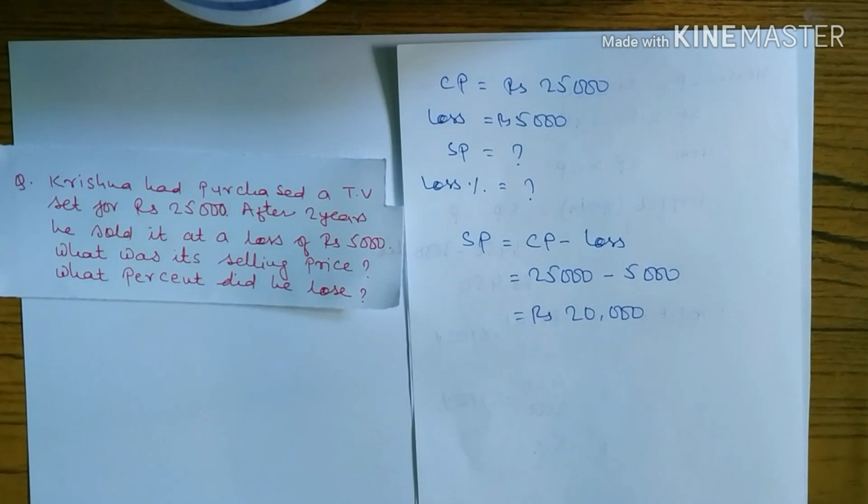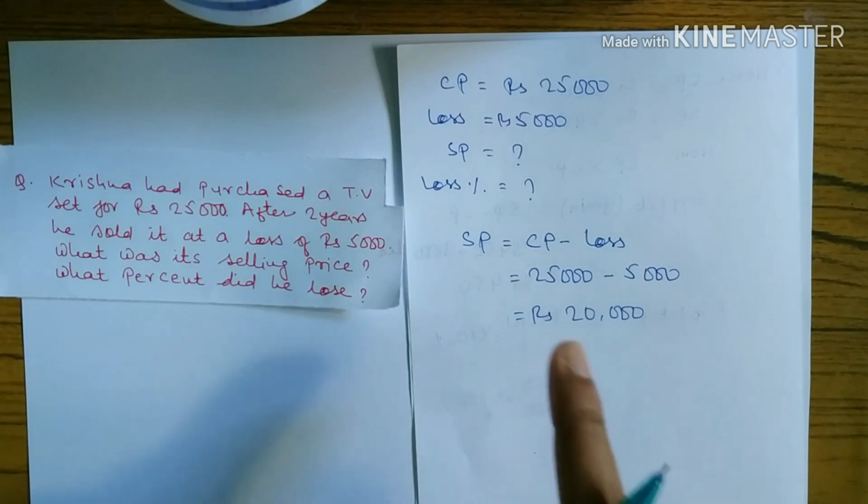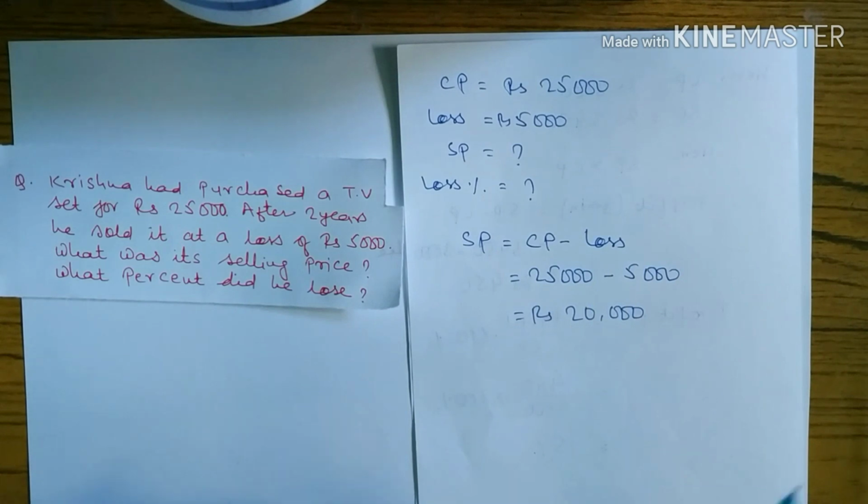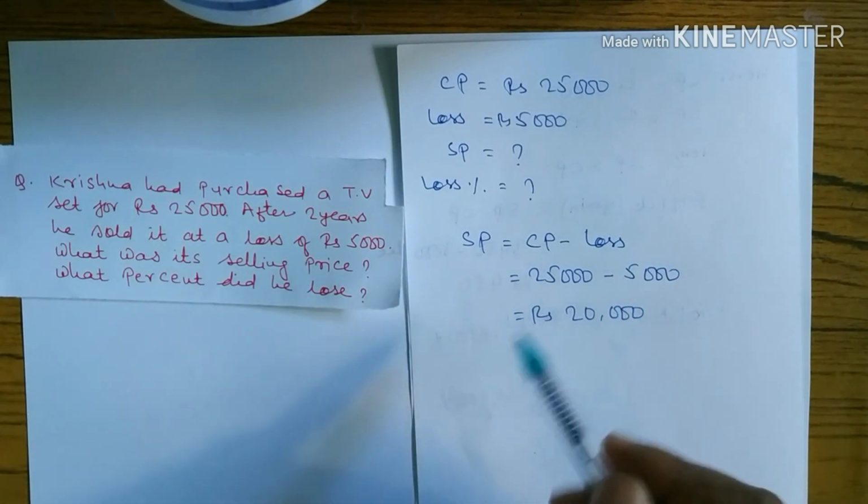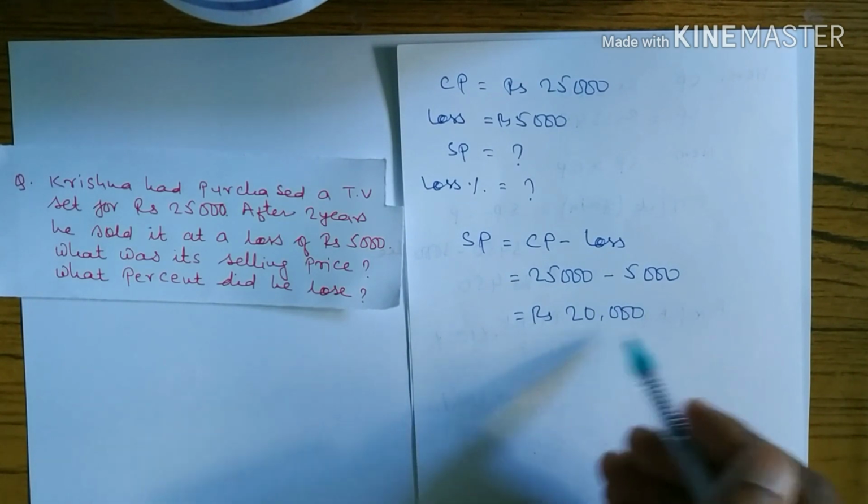He bought that television set at rupees 25,000, means CP is equal to 25,000 and loss is equal to 5,000. After 2 years, while selling that TV set, he got 5,000 loss. So at what price he sold that TV set? SP we have to find out. SP is equal to formula CP minus loss. CP is equal to 25,000, loss is equal to 5,000. When you subtract, we get SP. Selling price is equal to 20,000.